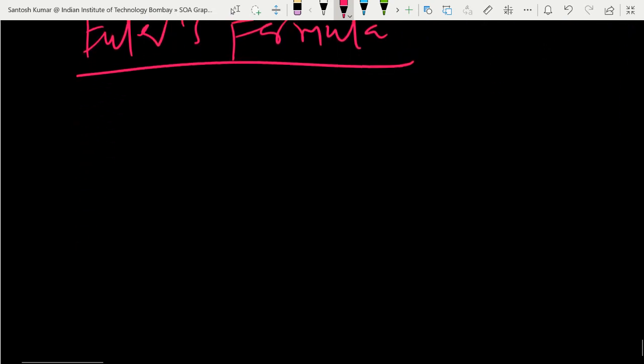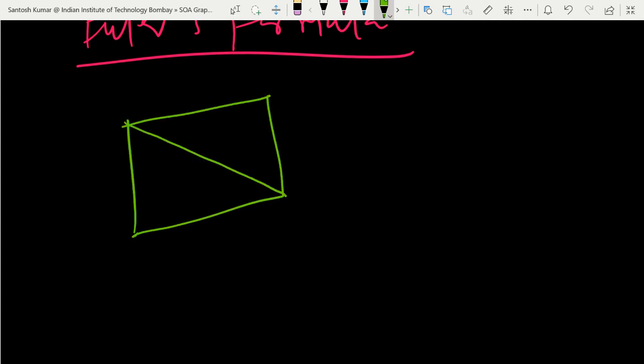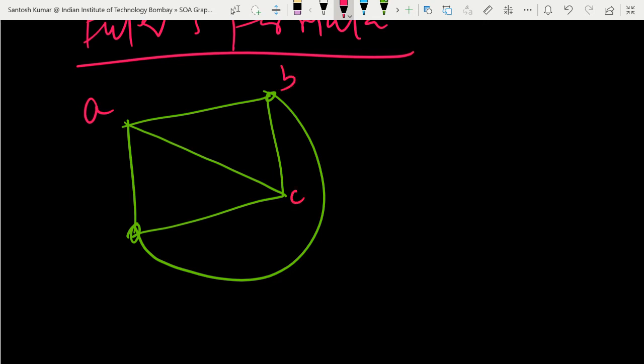So first of all, let's make one planar graph. Let's make this one. So this is K4, with vertices A, B, C, D. Tell me the number of vertices. N will be 4, the number of vertices.